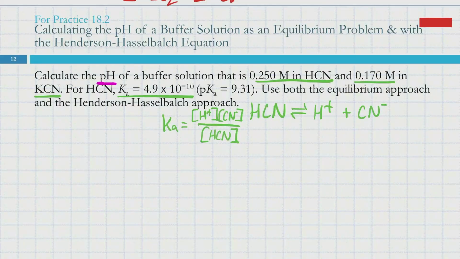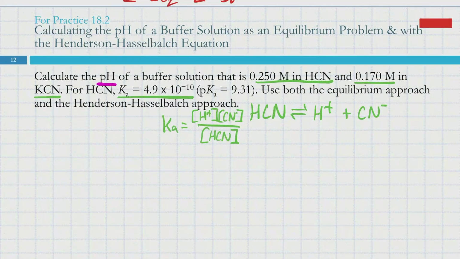It doesn't really matter if you write KCN or CN. If we had magnesium cyanide that we added instead, then we would need to calculate our concentration of CN minus. So that's one place where it would be a problem. But since it's a one-to-one thing, it's fine here.